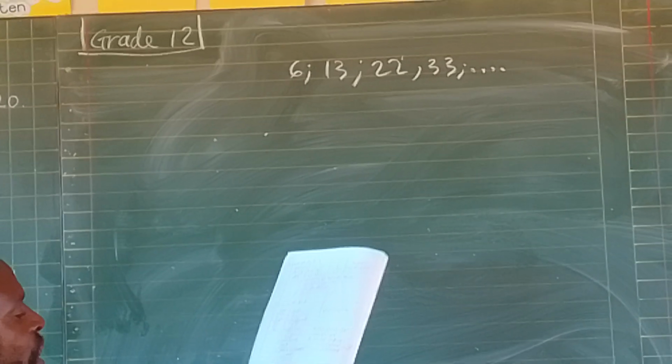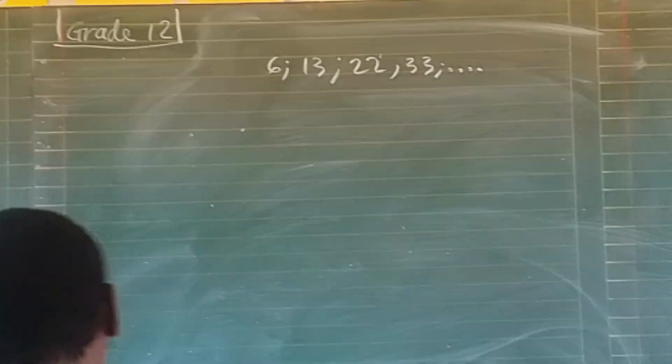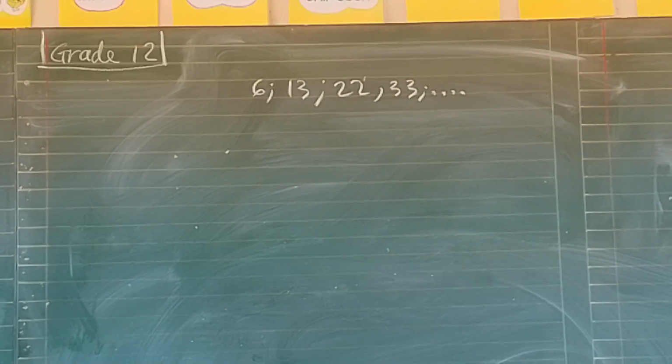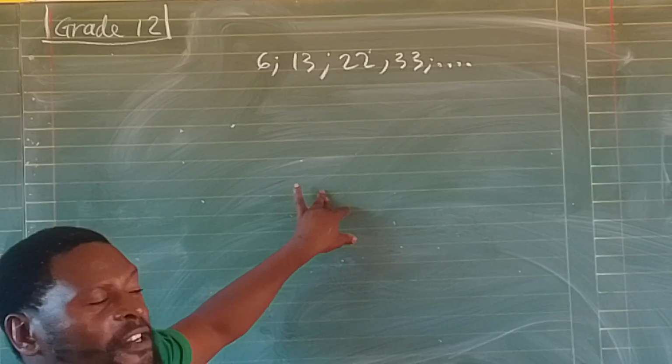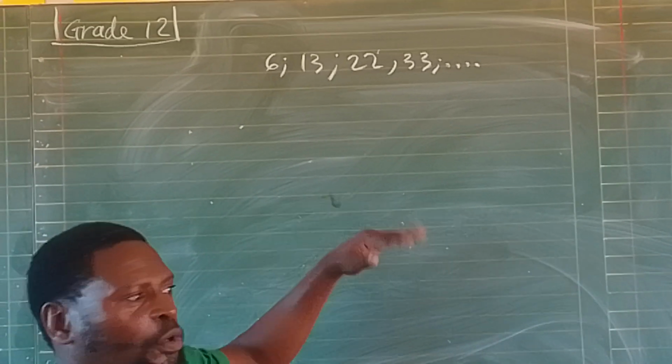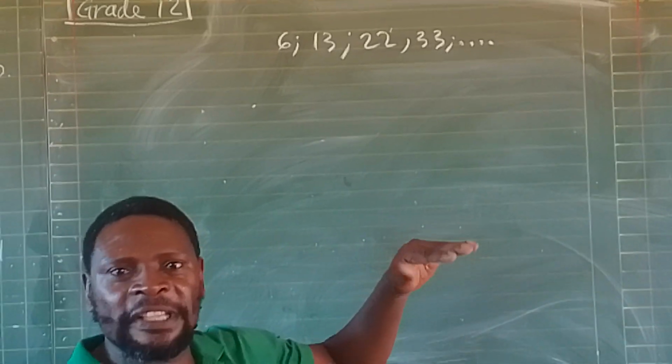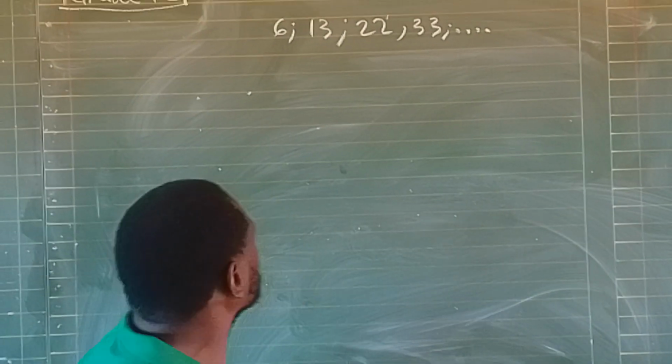Right, the first one is show that it is a quadratic pattern. How do we show it? We must find the first difference, then find the second difference. If the second difference is going to be constant, therefore we conclude by saying it is a quadratic number pattern.